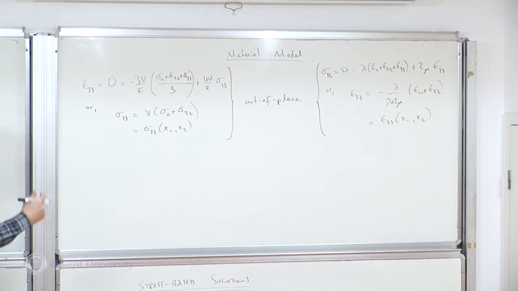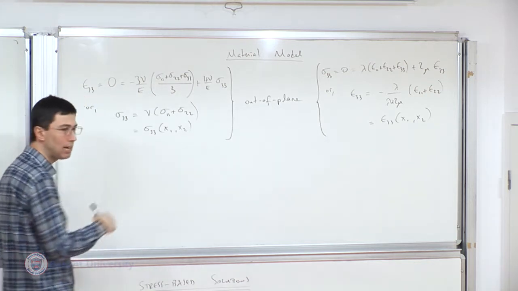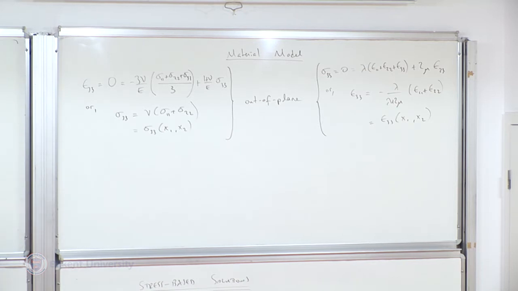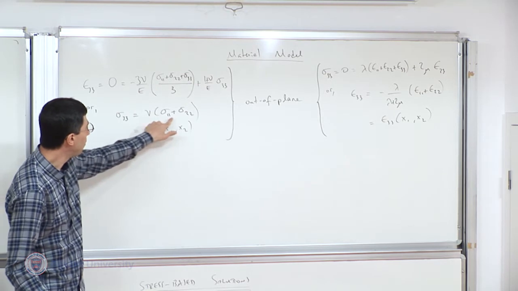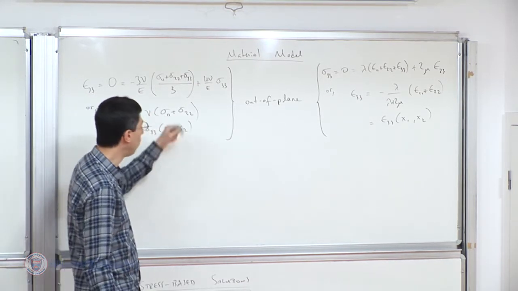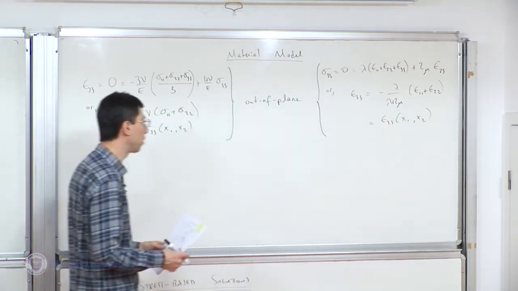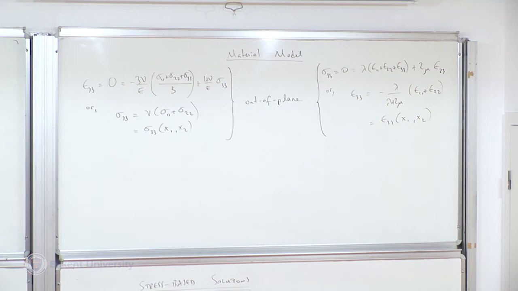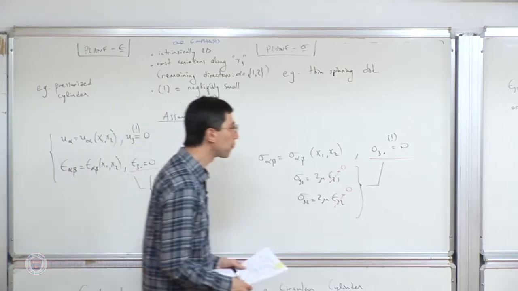So the plane I'm talking about is parameterized by x1 and x2. So anything that has to do with 3, it's for me an out-of-plane component. And it's essentially going to be a byproduct of my solution. I don't solve for it directly. I solve eventually for 1,1 and 2,2 components. And the 3,3 component is a byproduct. Everything else is 0, right? So in this case, for instance, 3,1 and 3,2 are 0. In that case, 3,1 and 3,2 are also 0.